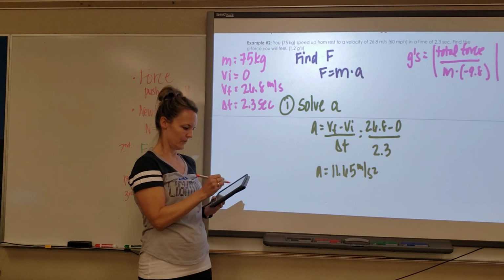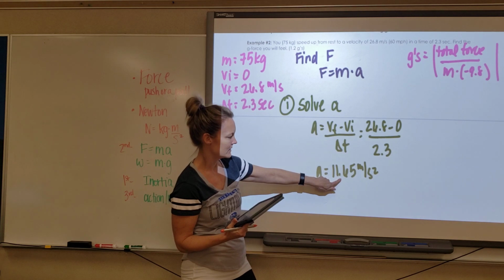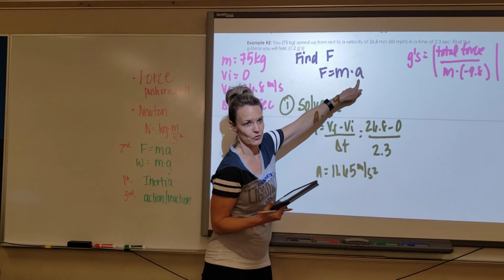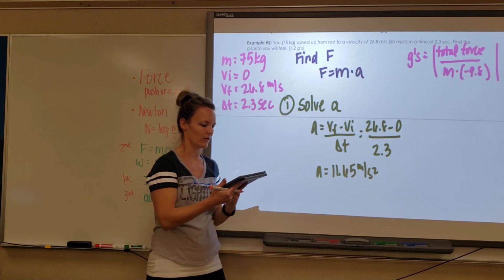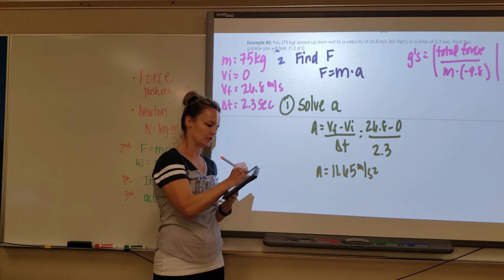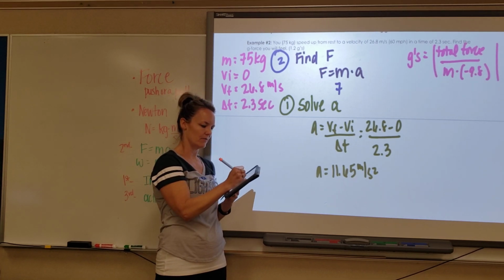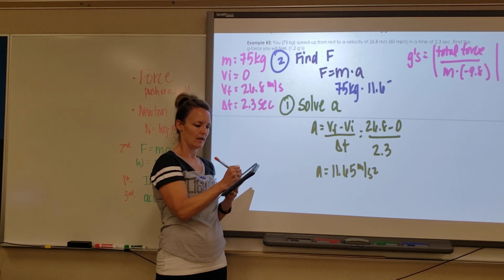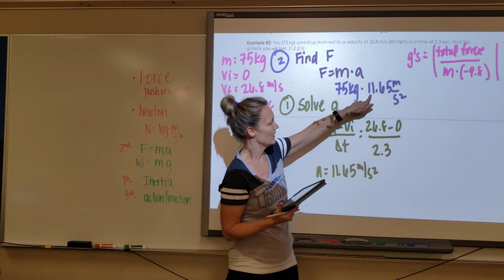From here, flip into a different color, I am going to take that acceleration that I just calculated, put it into my force equation, along with my mass of 75 kilograms. So I need to find the force. I am going to take my mass, 75 kilograms, and I'm going to multiply it by the acceleration that I just solved for right there.